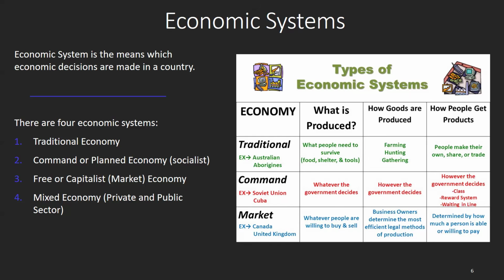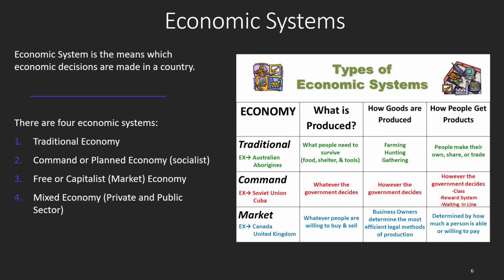Then there's the planned or command economic system. In a planned or command economic system, those choices, what to produce, how to produce, and for whom to produce, are made by the government. The government decides what to produce.